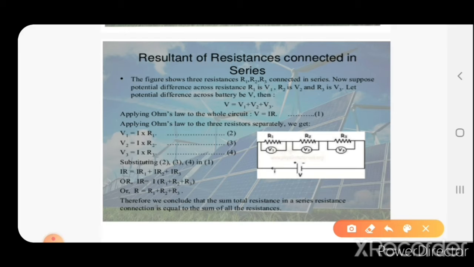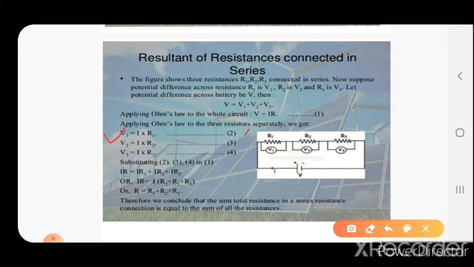Across R1, if we apply Ohm's law, V1 becomes IR1, because in a series combination the current remains the same. Current I flows through this circuit, and the resistance is R1, so V1 is equal to IR1.